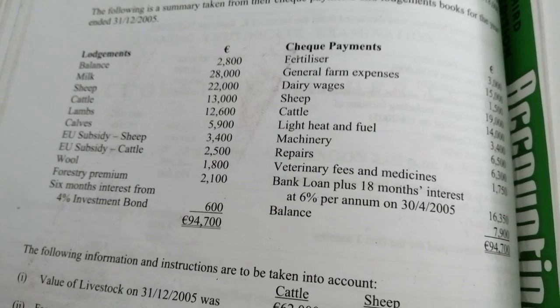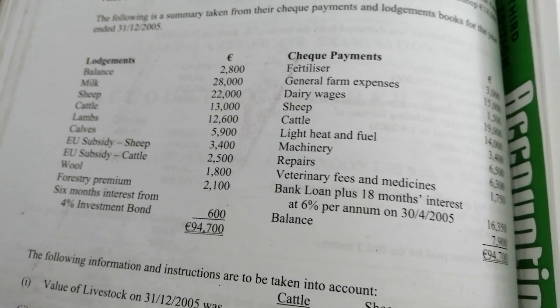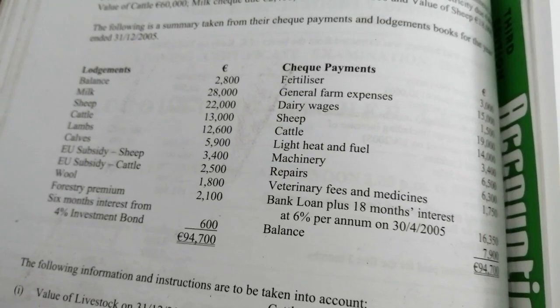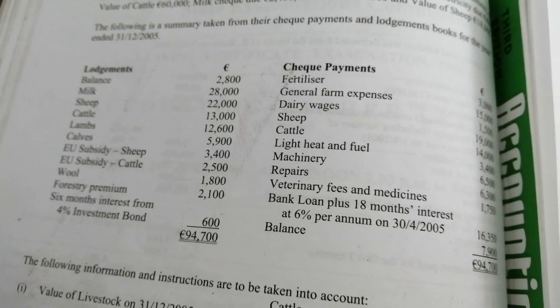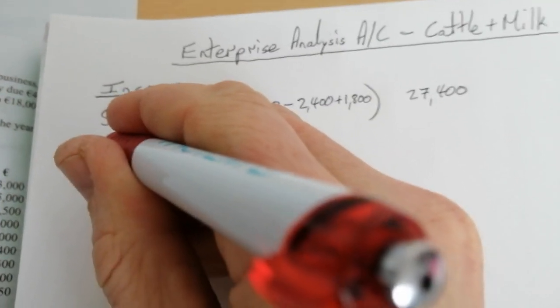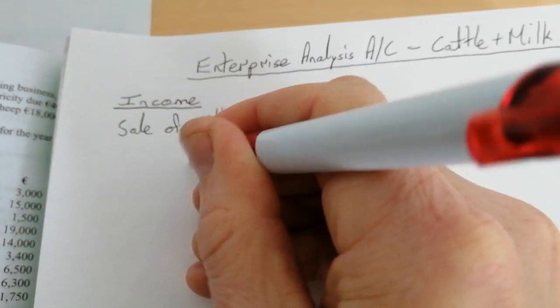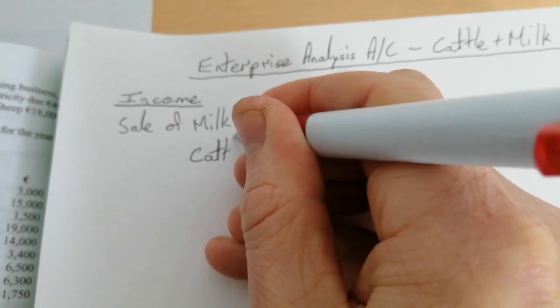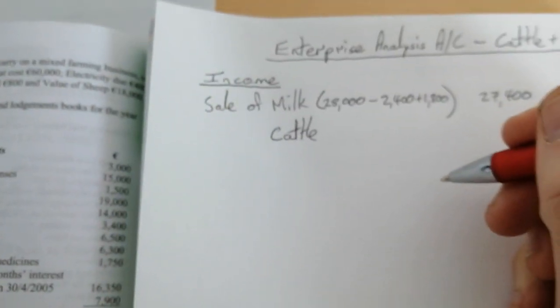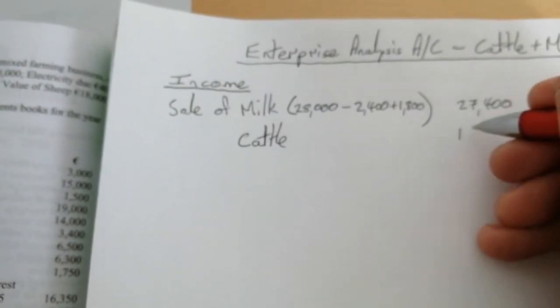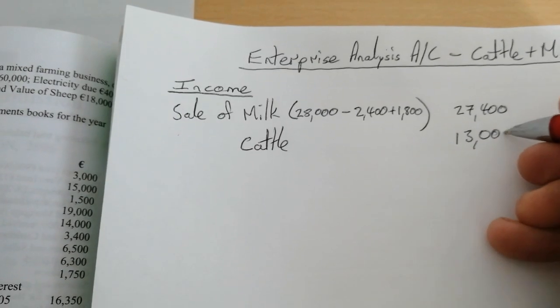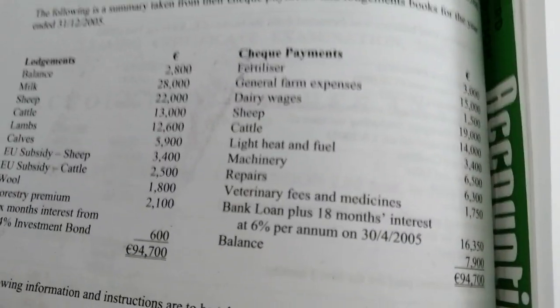Okay, so next thing, back here we see sheep. We can ignore that. And then there's this cattle figure, 13,000. So that's in the lodgement section, so it's money we got in from the sale of cattle. So again, I'm going to say sale of cattle, 13,000. Perfect.